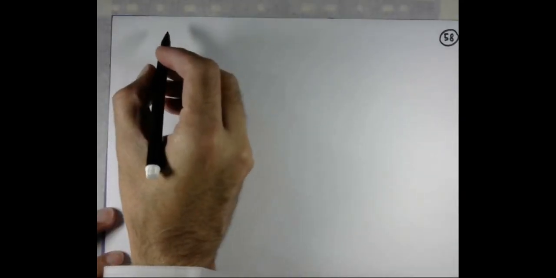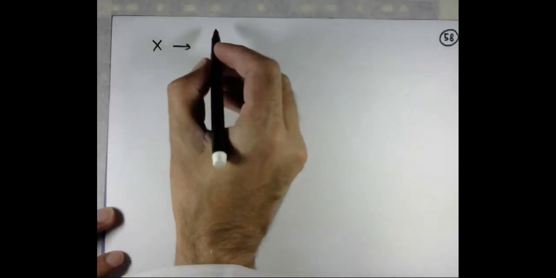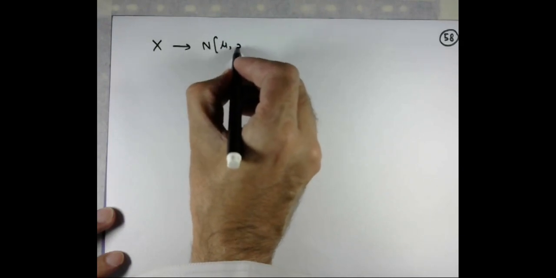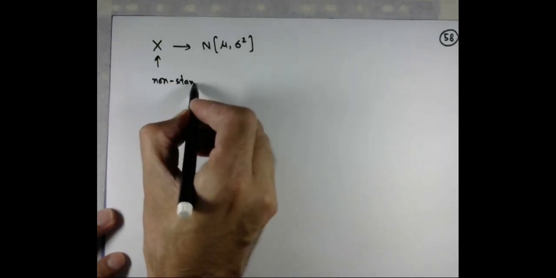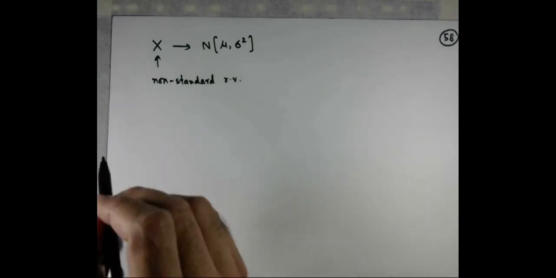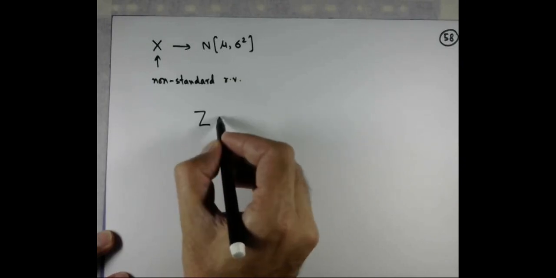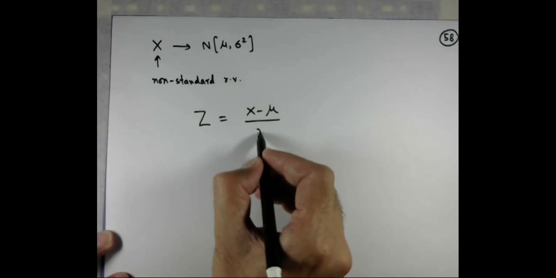Suppose x is a normal random variable with parameters mu and sigma squared, and this is a non-standard Gaussian random variable. You can always make it a standard random variable z by simply subtracting the mean and scaling it with 1 over sigma.